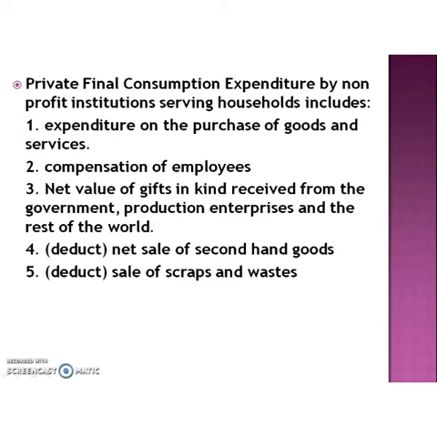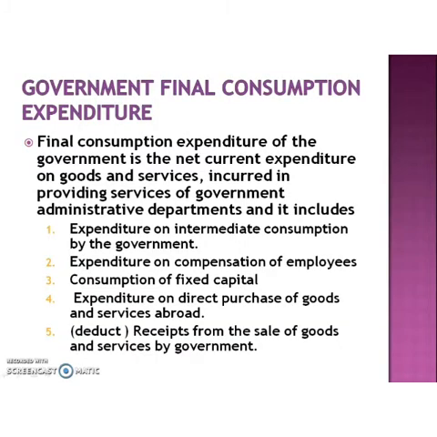Okay, then the next component is government final consumption expenditure. The final consumption expenditure of the government is the net current expenditure on goods and services incurred in providing services of government administrative departments. That is the expenditure incurred by the government.